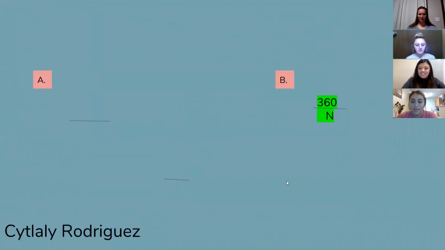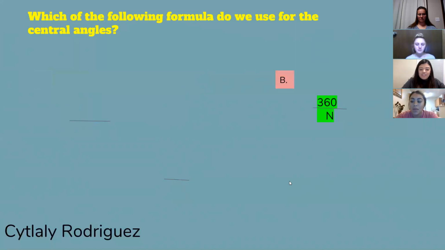Cece, which of the following formulas do we use for the central angles? Great question, Jessica. Well, we all know that central angles are angles that form inside the polygon, or the shape. In this polygon, we can see where the big middle triangle is.